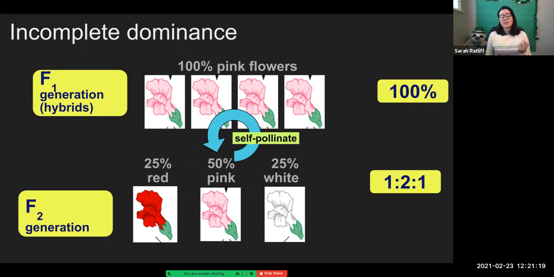If you think back to Mendel, in his complete dominance, it was either purple or white, and our genotypic ratio and our phenotypic ratio were different. Our phenotype was 3 purple to 1 white. So we're starting to see some differences here between Mendel's complete dominance and this new incomplete dominance.